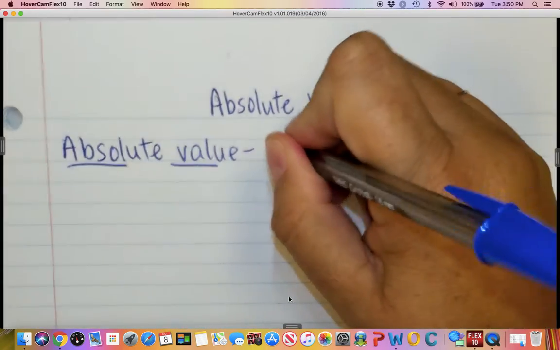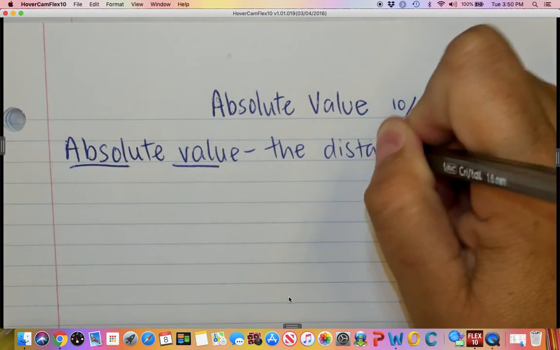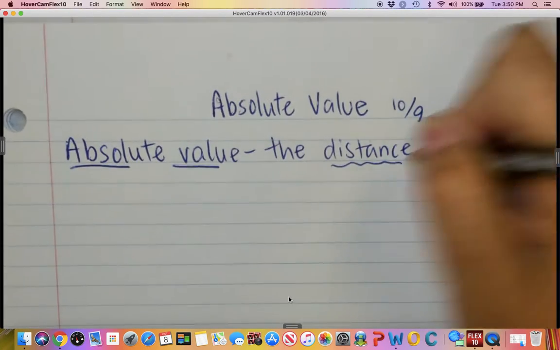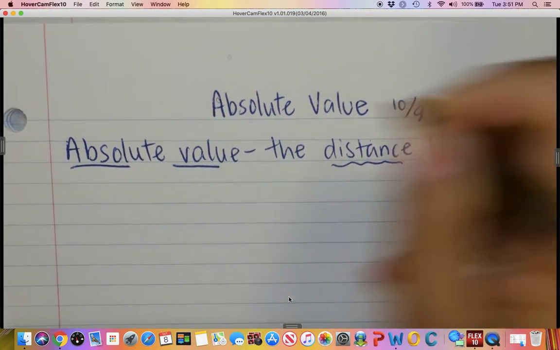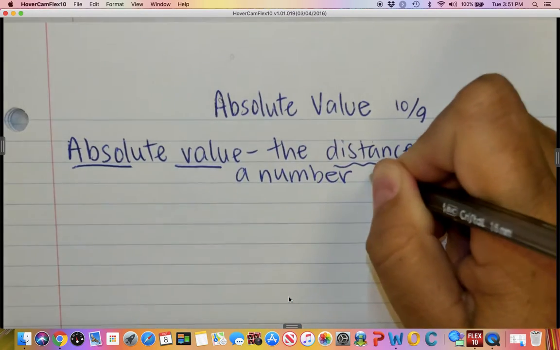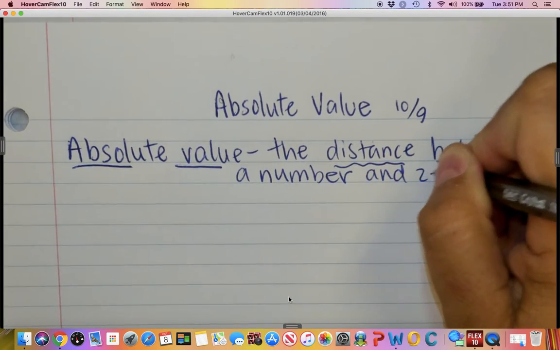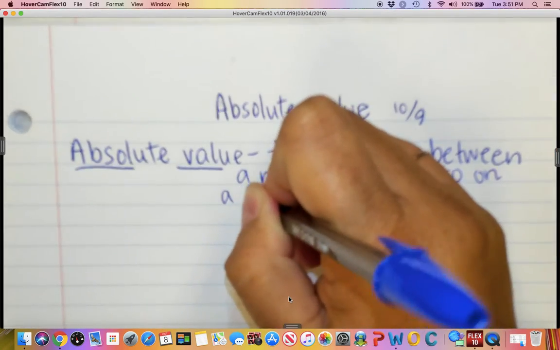Absolute value is the distance, and distance is the key word here, between a number and 0 on a number line.